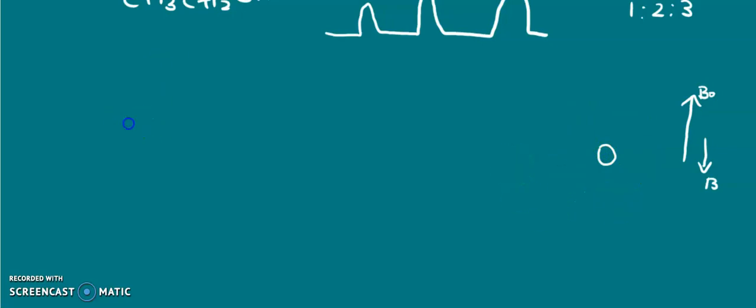The effective magnetic field will be less than the applied magnetic field, and that is equal to B0 minus the magnetic field due to the electrons.